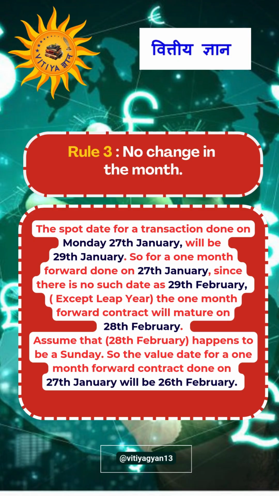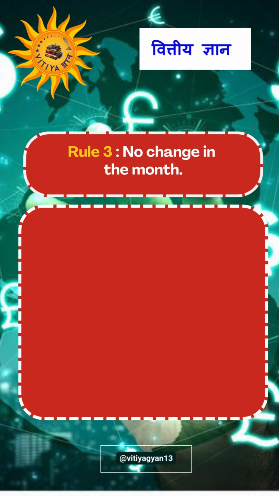So, for a 1 month forward done on 27 January, since there is no such date as 29th February except in a leap year, the 1 month forward contract will mature on 28th February. Assume that 28th February happens to be a Sunday. So, the value date for a 1 month forward contract done on 27 January will be 26th February.